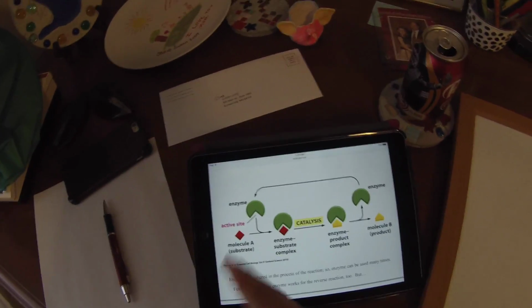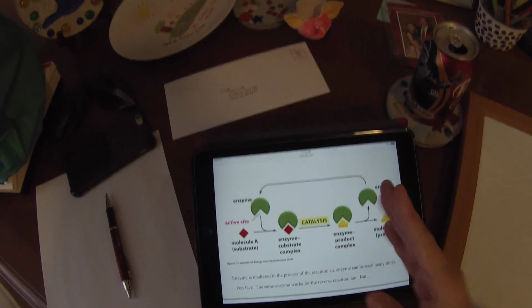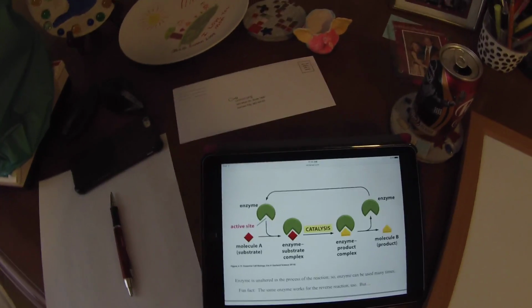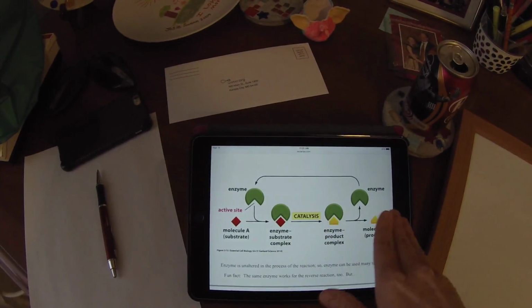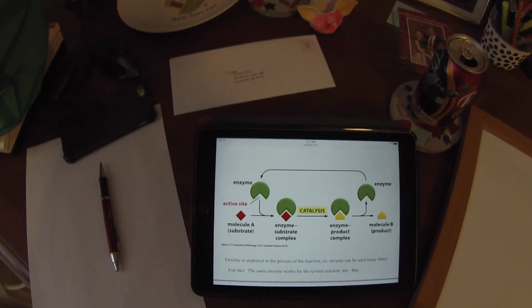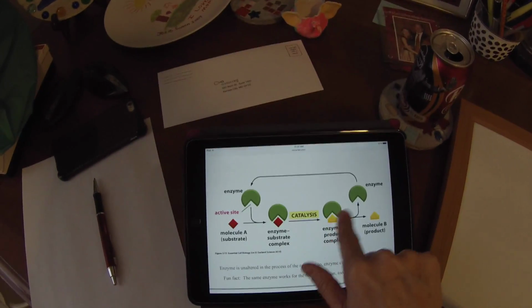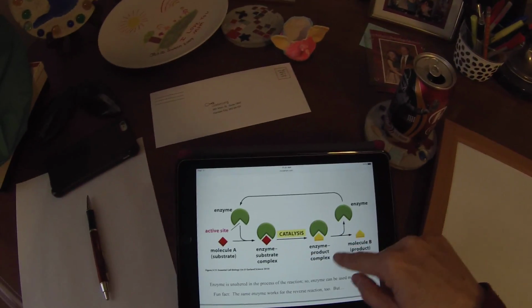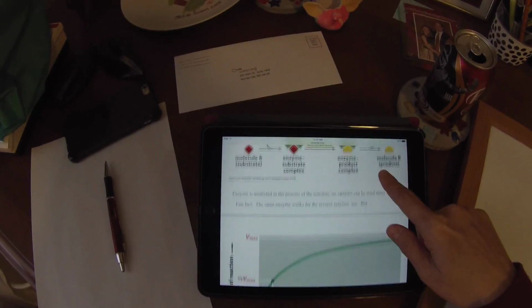A lot of times that means as soon as we create a product, we convert it into something else so that we favor the unidirectional motion of this reaction, even though in theory the same enzyme can also catalyze the reverse reaction. But don't get too wound up about that.